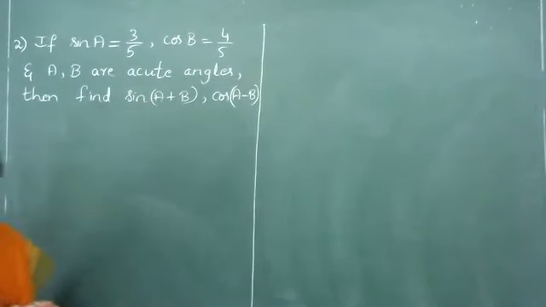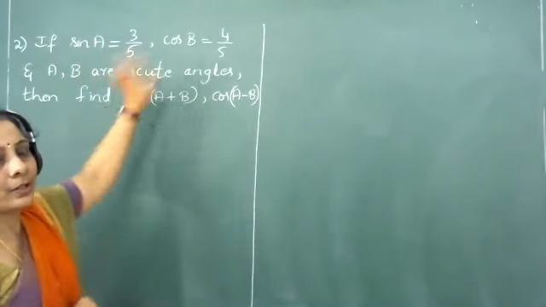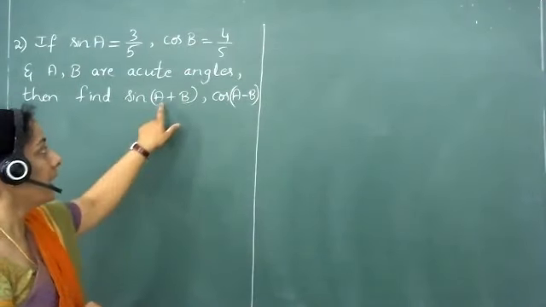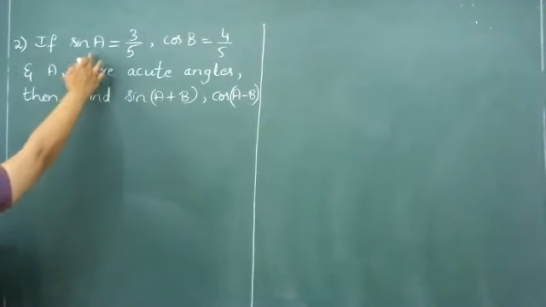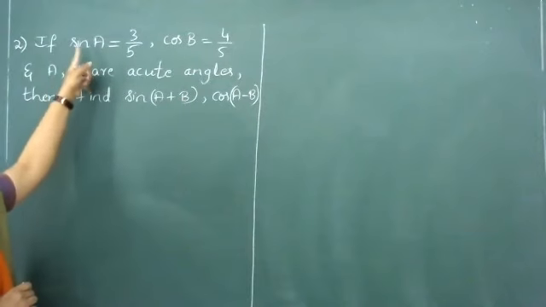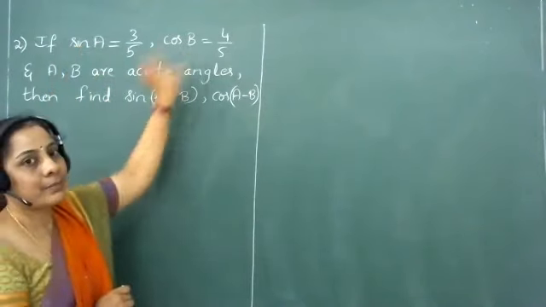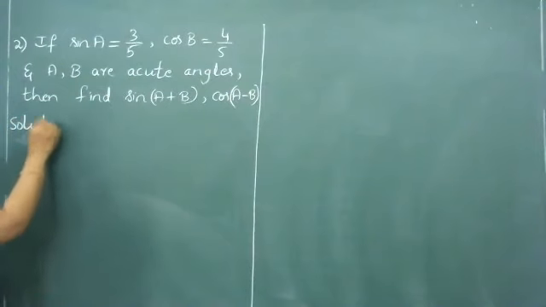But here in the data we have only two ratios, sin A and cos B. The other two ratios we have to first find out and then substitute in the respective formula. Sin A is given, cos B is given. So we need to find out cos A using the first data and sin B using the second data. So let us solve this question.